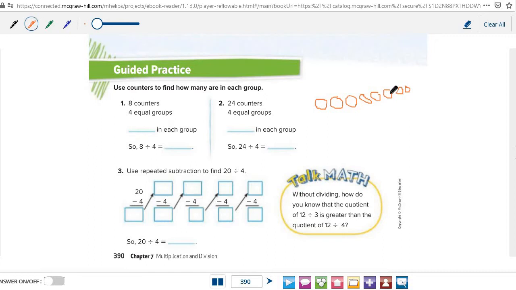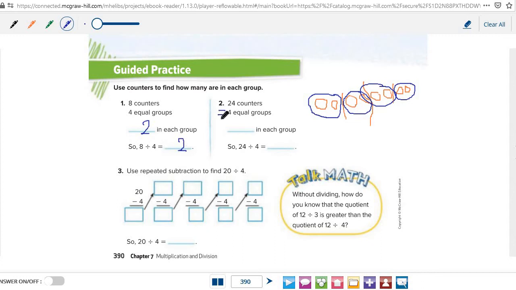Here we have 4 and 4. Now we have 2 equal groups, and then we will divide each group into 2 equal groups again. So now we have 4 equal groups, 2 in each. Since we have 2 counters in each group, 8 divided by 4 equals 2.